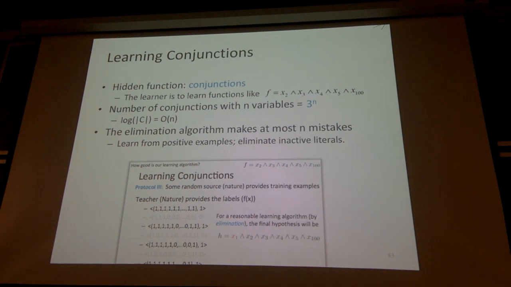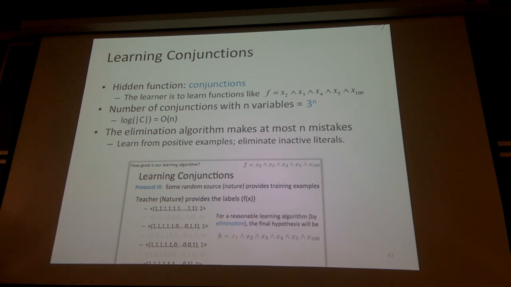This slide hopefully stirs up some memories, where we had a bunch of examples. This was for monotone conjunctions. All we did was erase all the negative examples and take only those features that were present among the positives. At least for monotone conjunctions, the elimination algorithm is efficient. It actually meets the mistake bound.